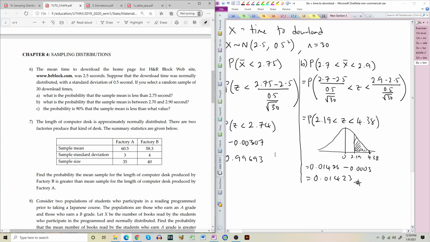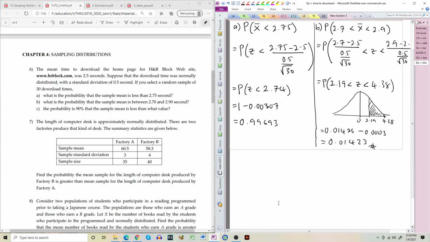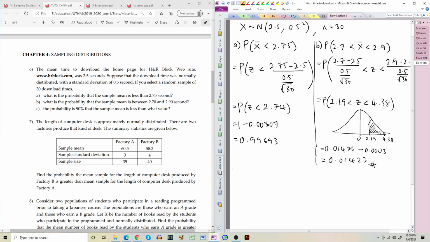And 6c, the probability is 90% that the sample mean is less than what value? Less than k.